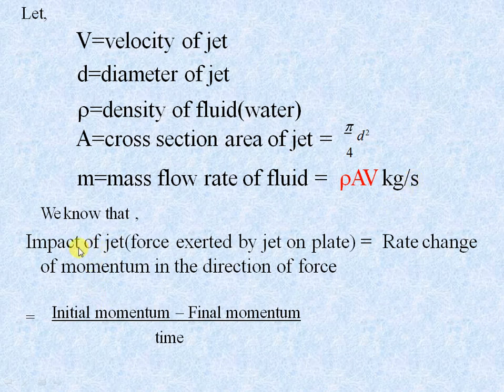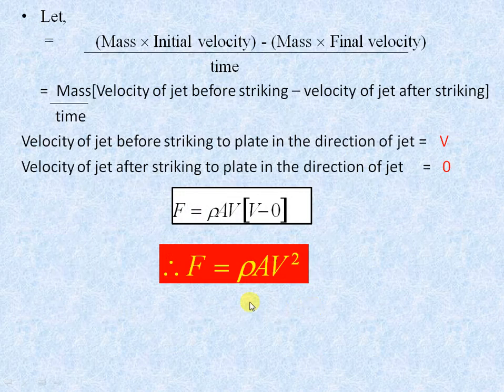We know that the force exerted by the jet on the plate is equal to the rate of change of momentum in the direction of force. So force is equal to initial momentum minus final momentum divided by time. Initial momentum is mass into initial velocity, and final momentum is mass into final velocity, upon time.